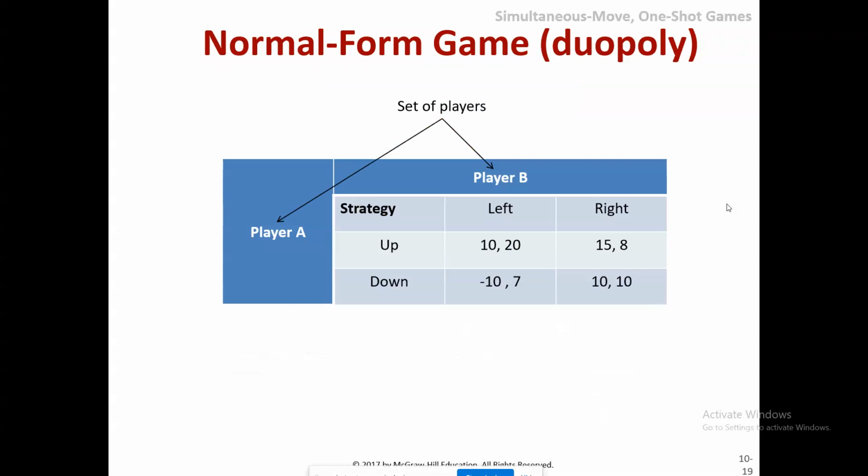Now, again, we have two sets of players. For the simplicity of illustration, we assume it's a duopoly. Two firms, two players. Player A is set on the left, player B is on top. It doesn't matter who's on top and who's on the left.